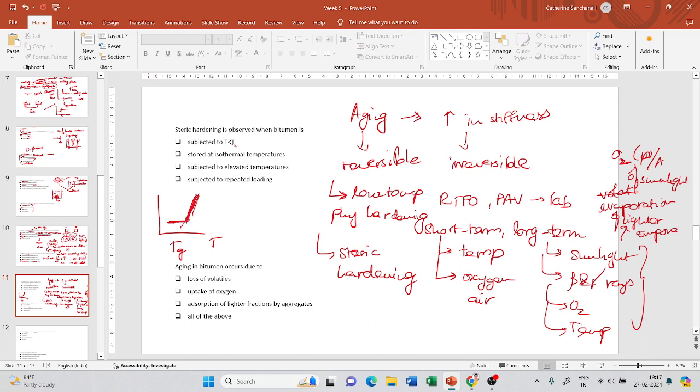Now below this glass transition temperature, this is my glass transition curve, this curve is the equilibrium state of the material.